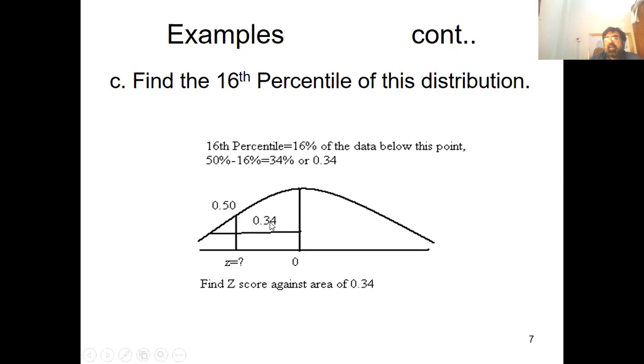The reason is 0.3400 in the z table carries a z value of 1 if it is on the right side, and if it is on the left side, it means it is less than the mean. So you will put a minus or negative symbol with the z-score. So that will become -1.